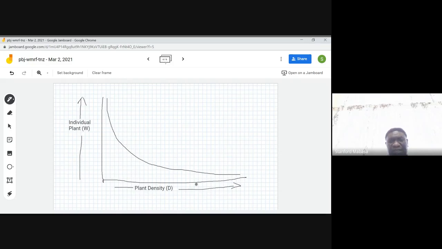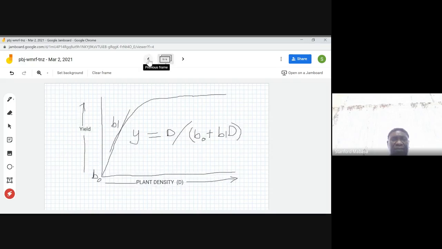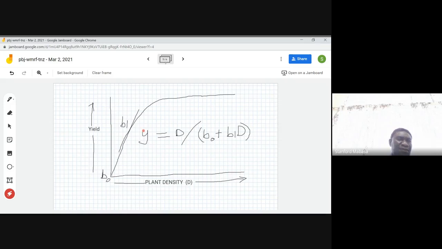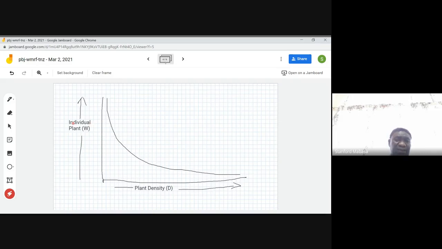If we were considering all the plants in the population, then we would produce something like this, or this graph. So this is the yield for all the plants in the population. This is the yield of an individual plant. That's why we're having this sort of curve.